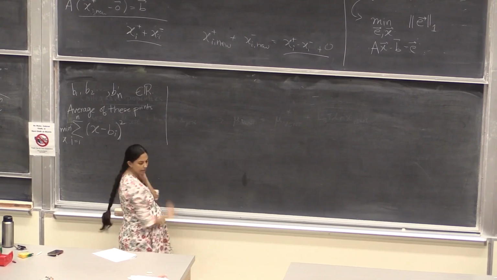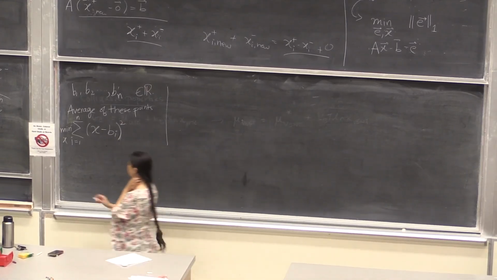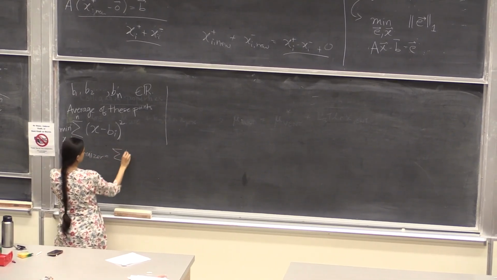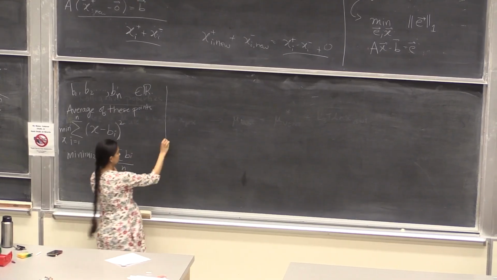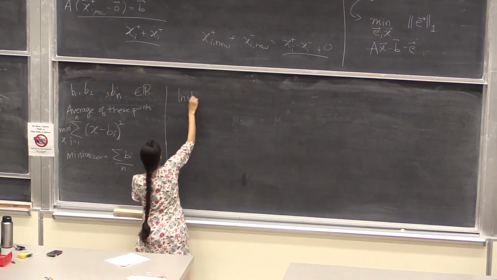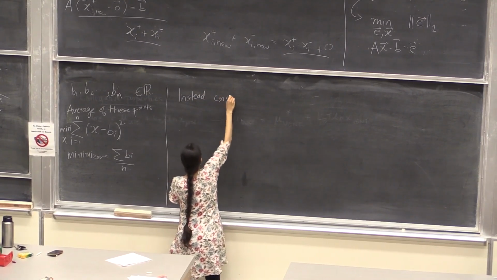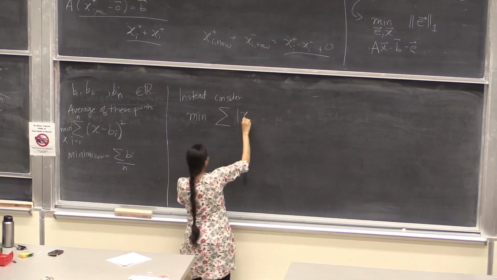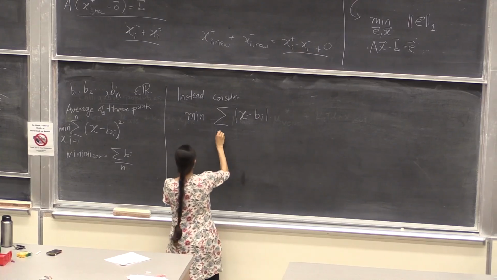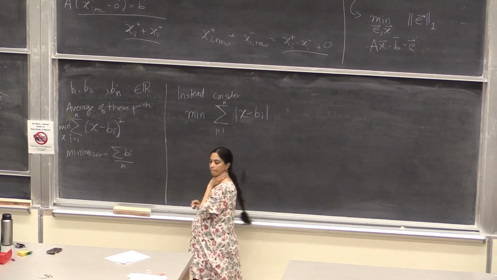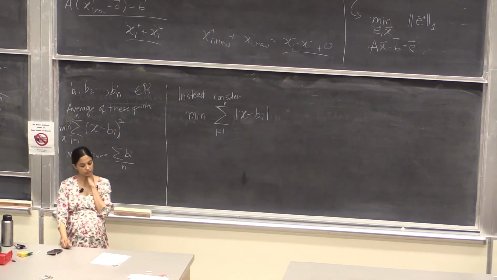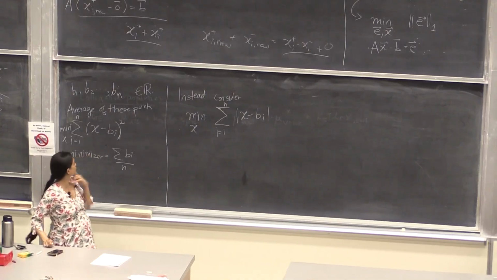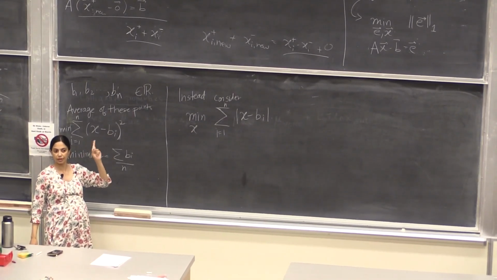So now if I was to do the same thing, but now, so let's just say explicitly, instead, what if we considered find the minimum x and think about the L1 norm instead of the L2 norm. Okay? So think about the absolute value.